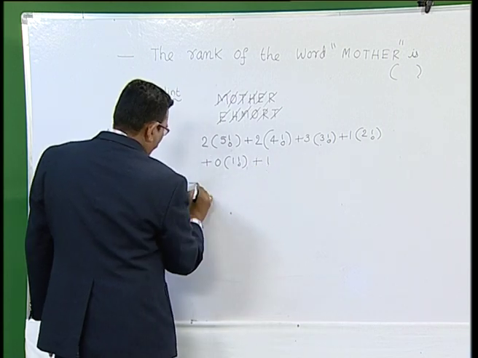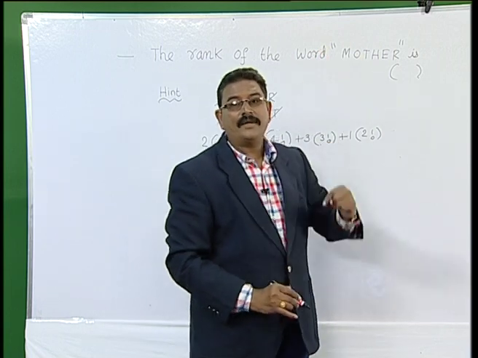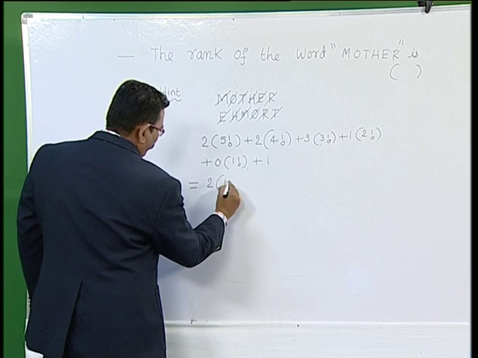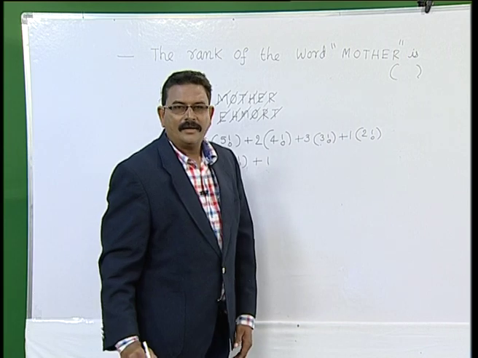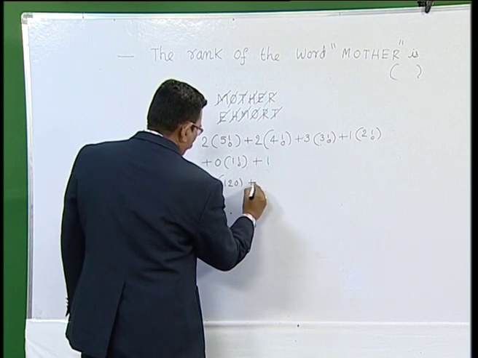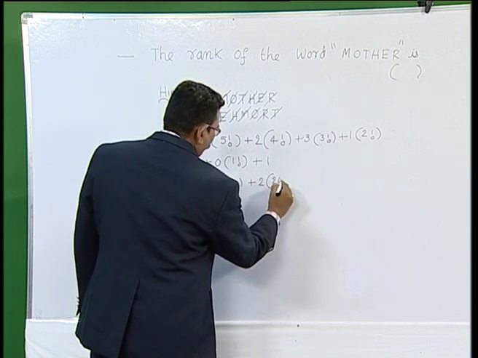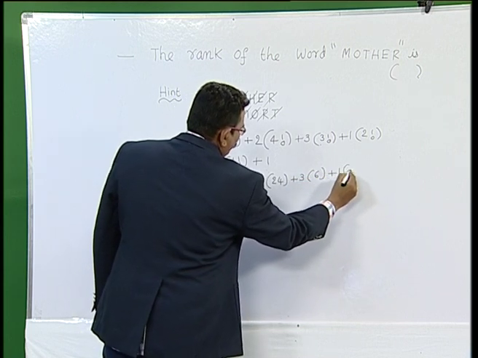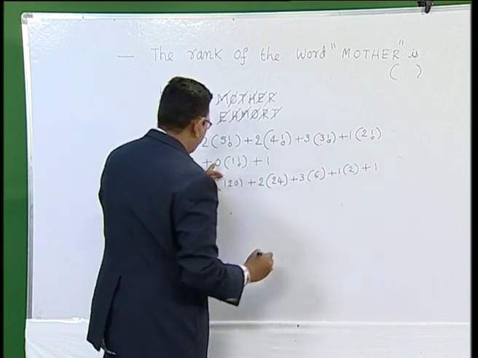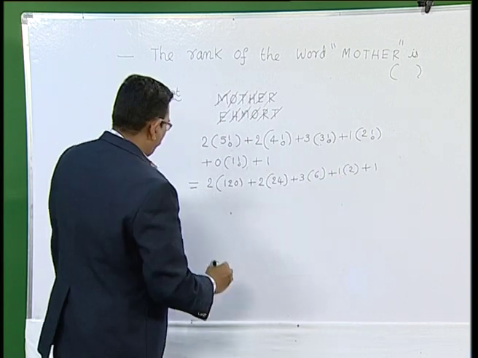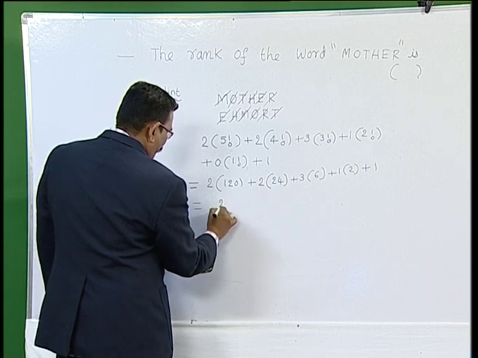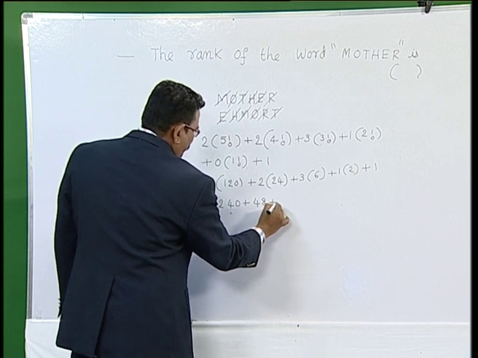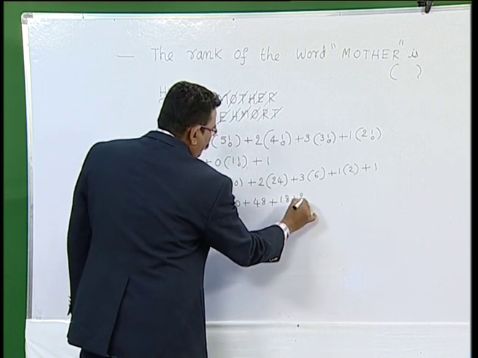Let us simplify to get the rank of the given word MOTHER. Now 2 into 120, that is 5 factorial, plus 2 into 24, plus 3 into 6, plus 1 into 2, and plus 1, because 0 into something is 0, leave it. 120 into 2 is 240, 24 into 2 is 48, plus 18, plus 2, plus 1.